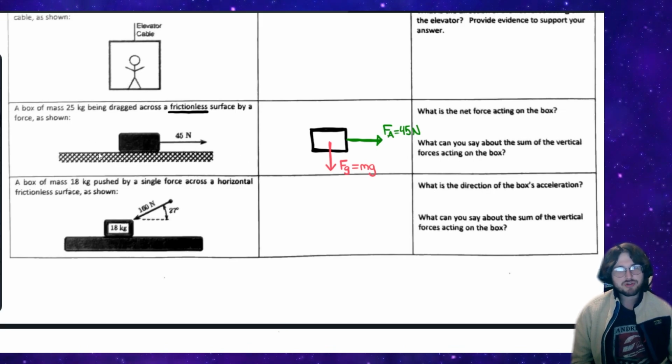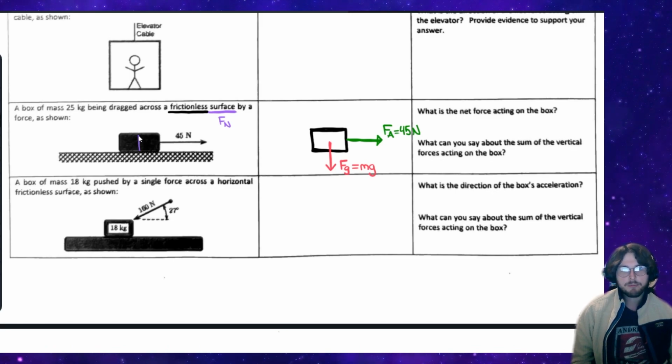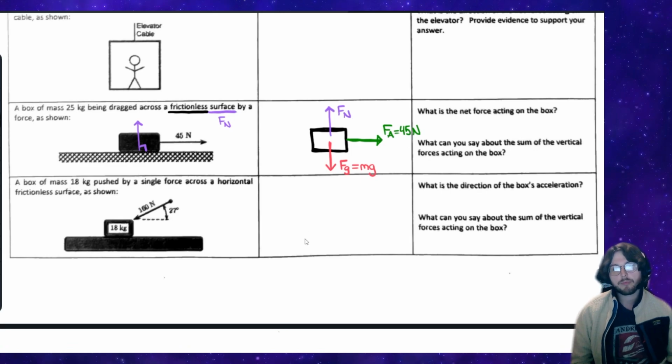It's being just dragged along that frictionless surface, and the keyword there is surface. Surface implies there's got to be a normal force there. So the normal force in this case has got to be perpendicular to the surface, like this way. So let's go ahead and draw that on the block as well. All right, and besides that, there's no friction, so we don't need to consider that here. And so it looks like all of our forces are accounted for.